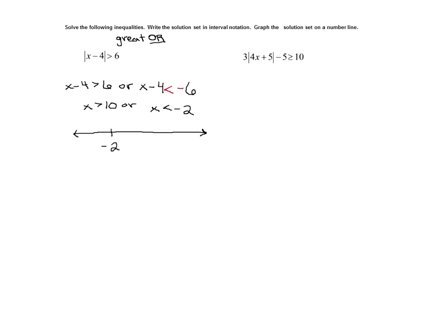In this case, let's see what happens. X is greater than 10, so that will be a parenthesis and shade to the right. X is less than negative 2, a parenthesis and shade to the left.